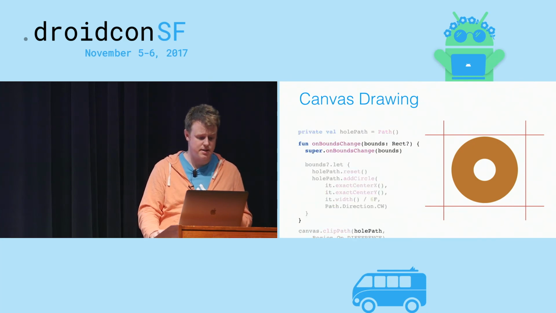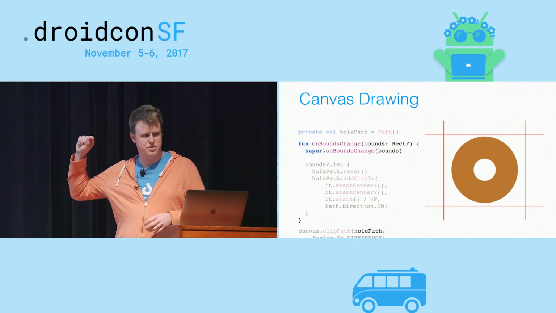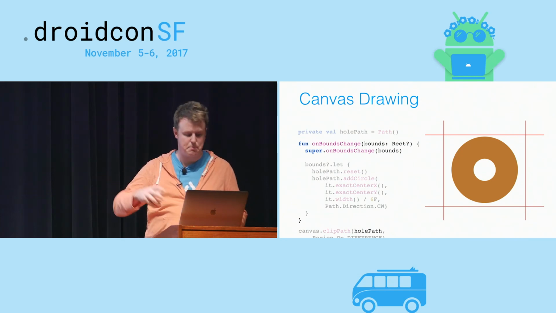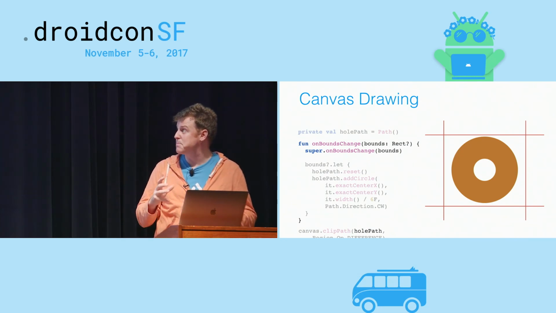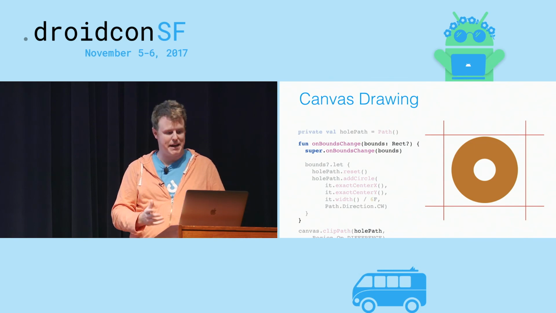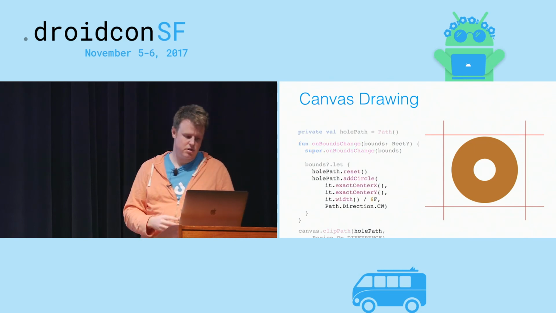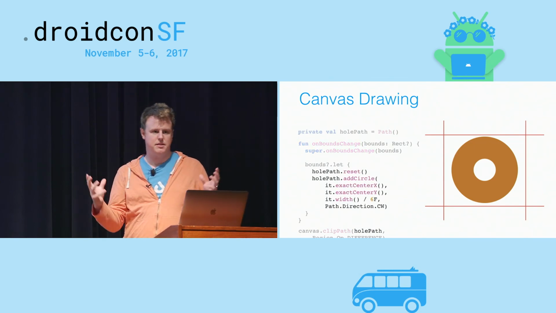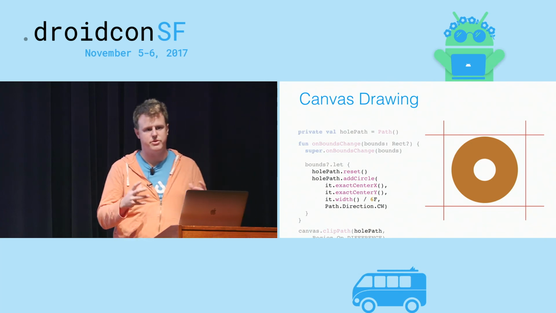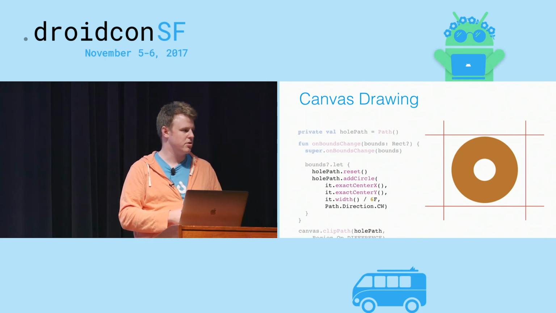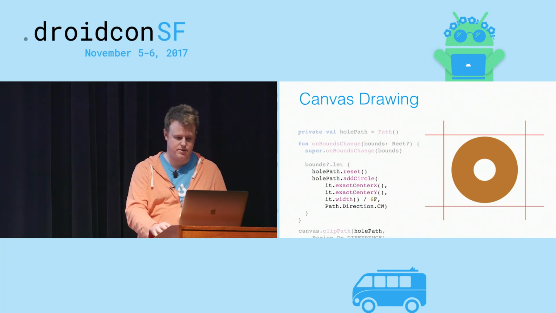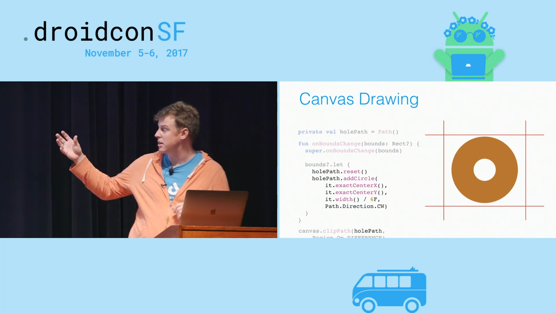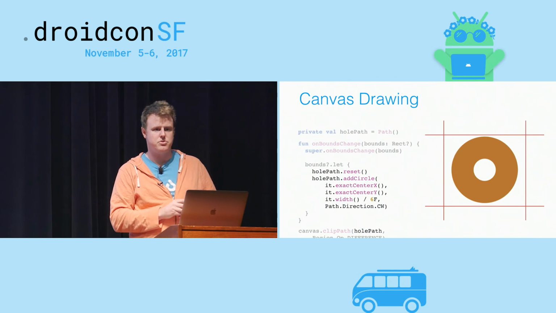One thing to note is that the donut hole doesn't change on every draw. It only changes when the bounds change. So we only need to update the hole path when the bounds change. So there we will reset the path in case the size changes or we animate or anything like that. We need to make sure we're not just adding circles on top of it. So we reset it, and then we add a circle. And this looks very similar to the drawing of the base.